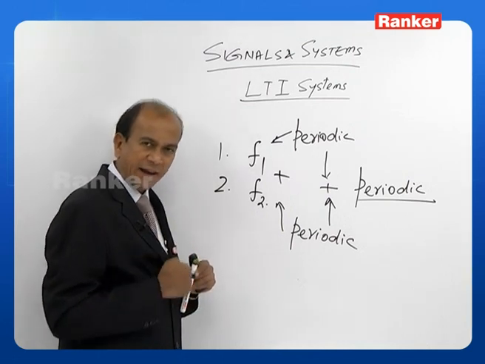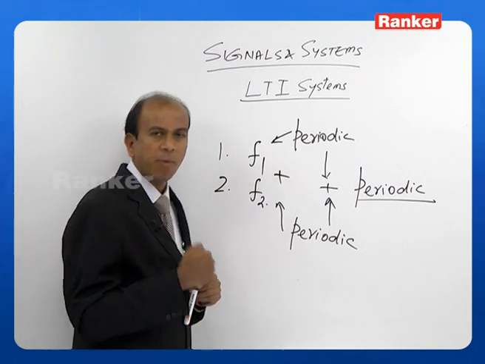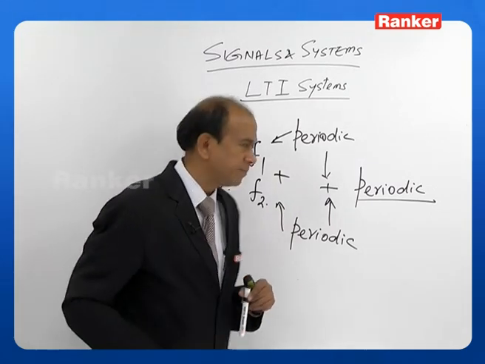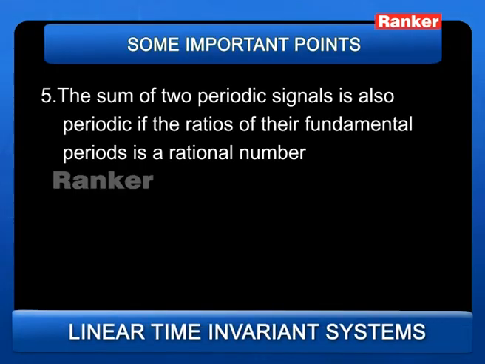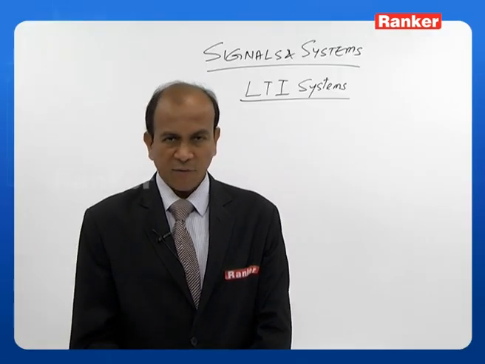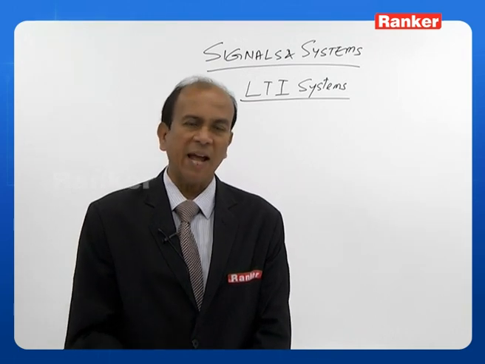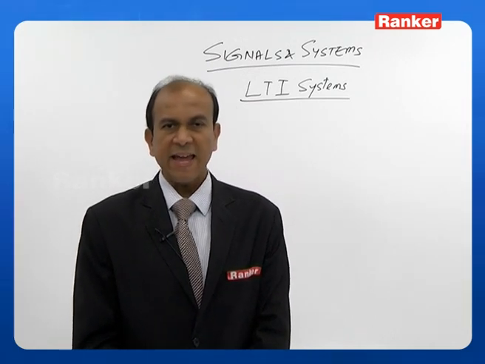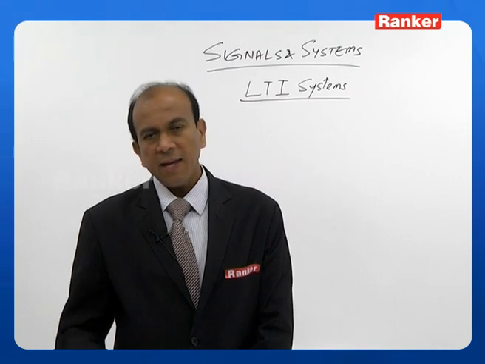This is an important point which we all should remember. Let's summarize it again: the sum of two periodic signals is also periodic if the ratio of the fundamental periods is a rational number. If you take the ratio of the fundamental periods, it must be a rational number. Then only can I say that the sum is again periodic.